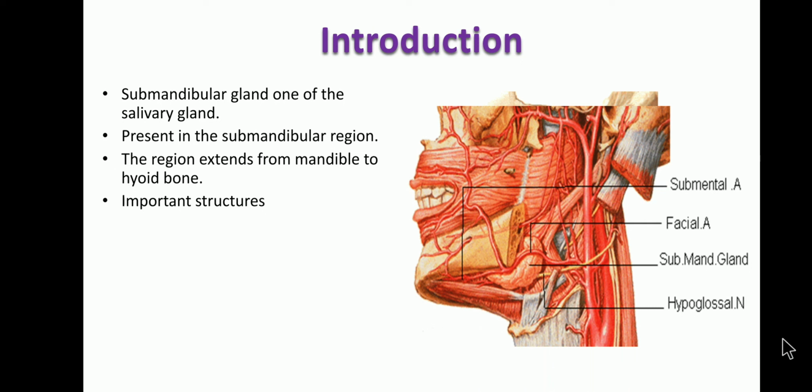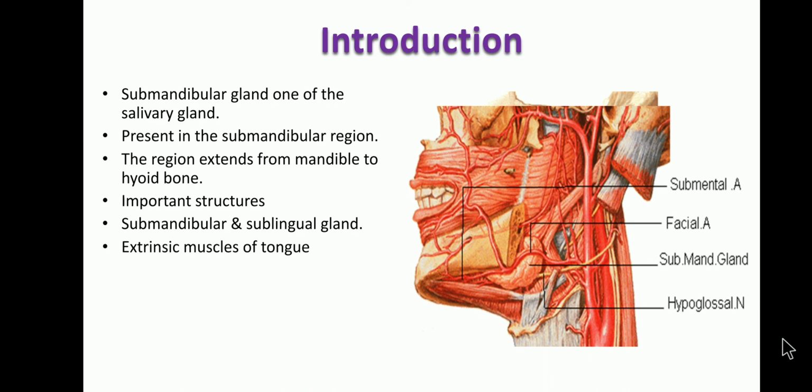So, apart from the submandibular gland and the muscles, you come across the extrinsic muscles of the tongue, and then, as I told you, the facial artery and the lingual artery. Then the 12th cranial nerve, or the hypoglossal nerve, is also seen in the submandibular region.